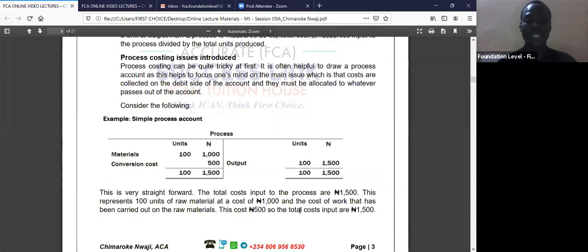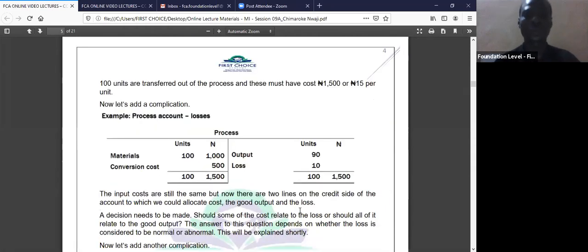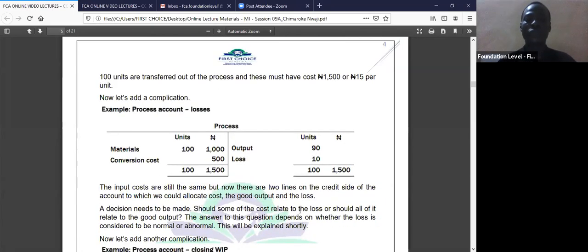But life is not always like that, in the sense that you will see a situation whereby there is a loss. We gave an example of a soup. Let's say you buy 1 liter of soup and it costs you 1,000 naira. Then it costs you 500 naira to convert it to whatever you want to convert it to.